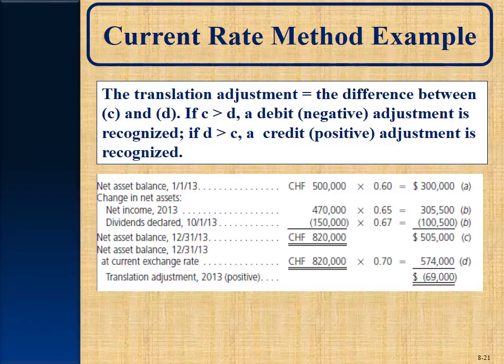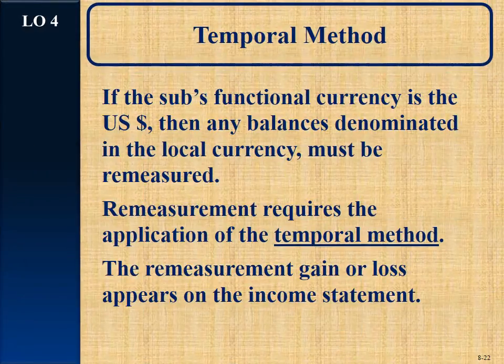So if C, the beginning net asset balance at the normal translation, is more than at the current exchange rate, you have a loss. If it's less, you have a gain. Okay, so that's the current method.